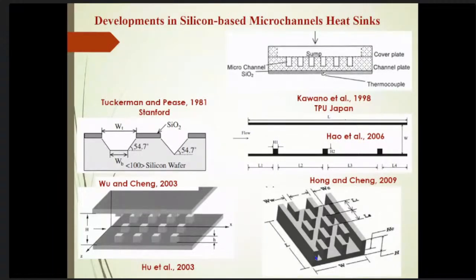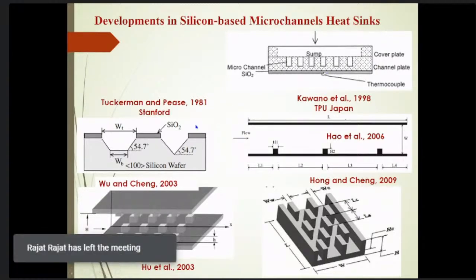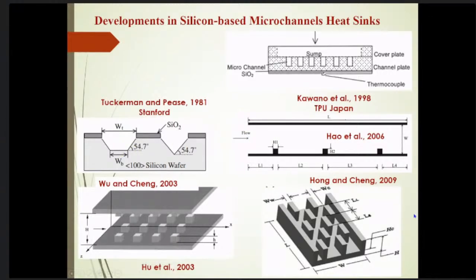A lot of research has already been done, starting from simple parallel channels and then different shapes of channels, that is triangular, trapezoidal, and some other enhancement techniques, where you put an impediment or obstruction in the flow, which creates a small local chaos in the fluid, and that chaos enhances the heat transfer rate locally.